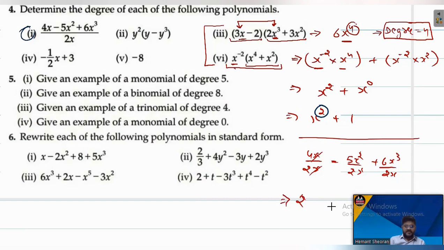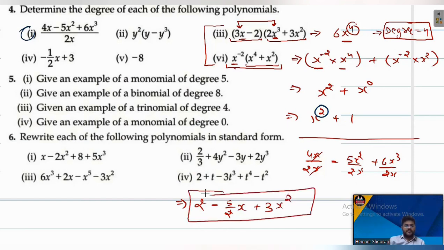Then the next part, if you just check, 2 you got, and for this one x will cut out with x square. So you're just left with only 1x and minus 5 over 2x you will have. And then the next term is 6 will cut out the 2 at 3, and then x cube and x will make it x square. So what's the highest power that you're having? It's just a 2. That will be the degree.